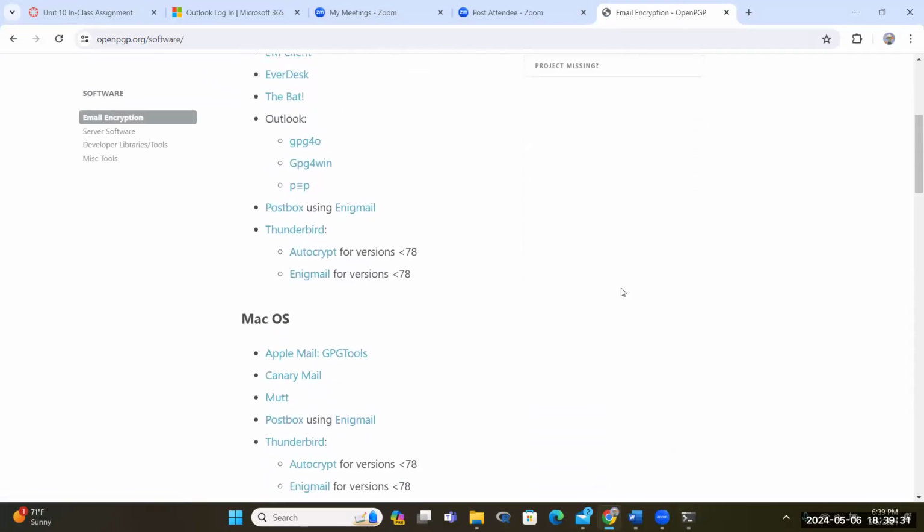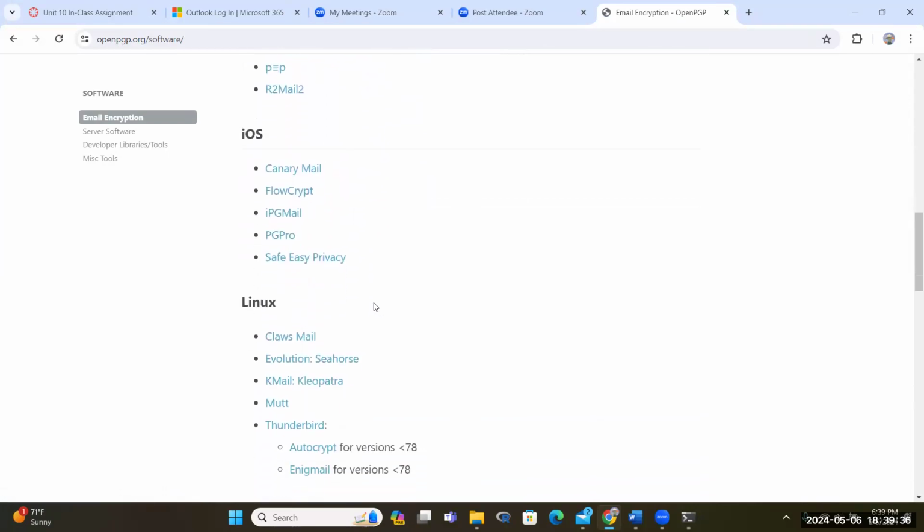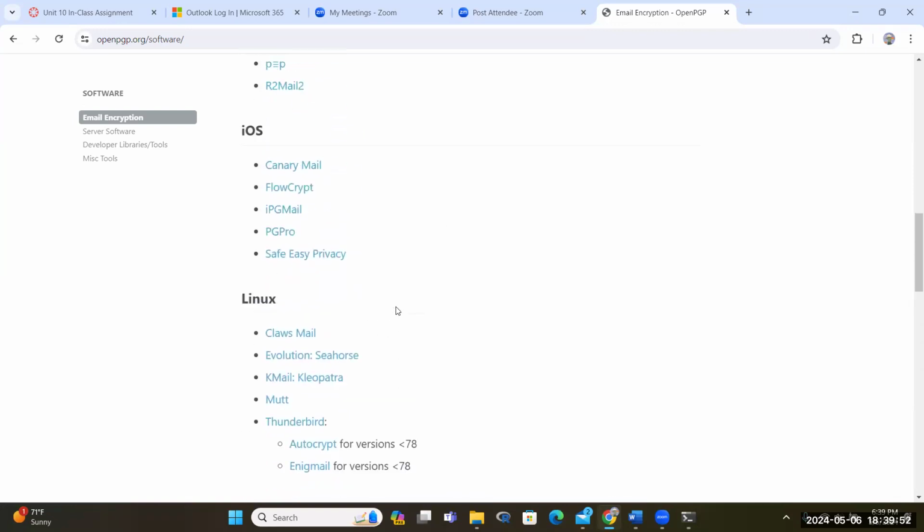It listed Windows, Mac OS, Android, iOS, Linux, browser-based plugins, right? So if you're using Chrome, likely that you have a Chromebook, I should say, likely that you need to use a browser plugin, because a Chromebook is not really designed for native applications that you can install on that system.